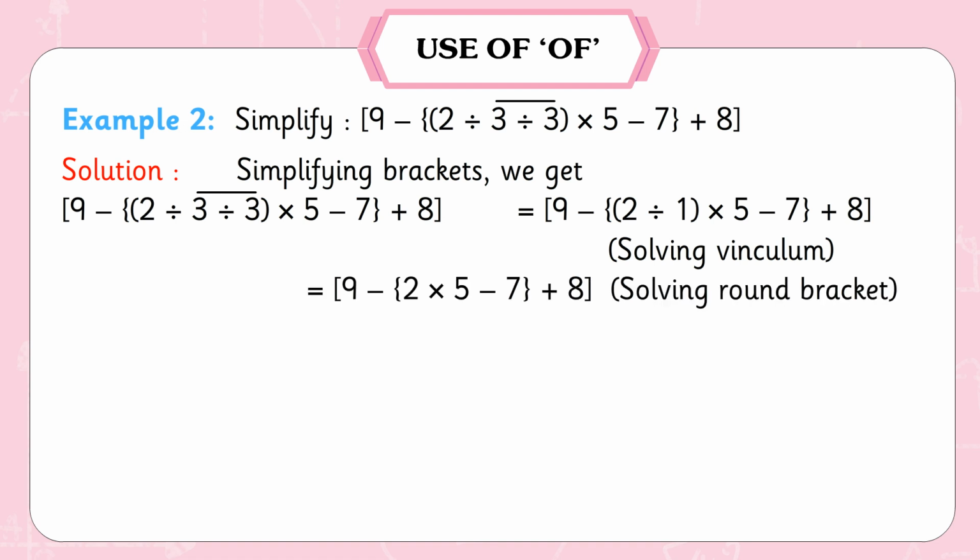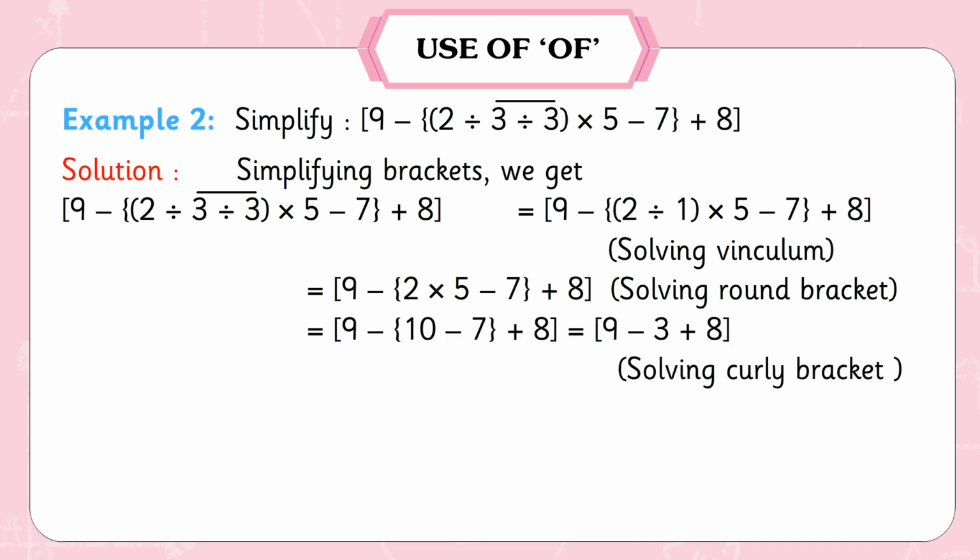Solving vinculum, [9 − {2 × 5 − 7} + 8]. Solving round bracket, [9 − {10 − 7} + 8] = [9 − 3 + 8].